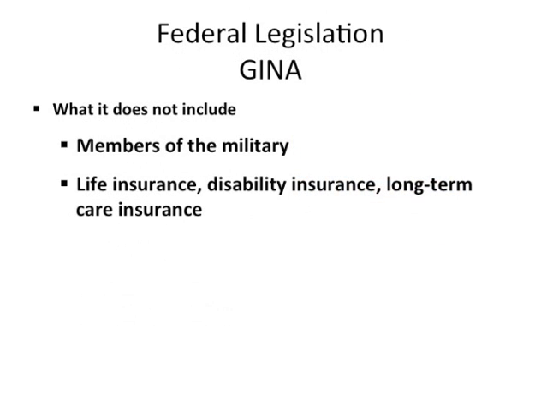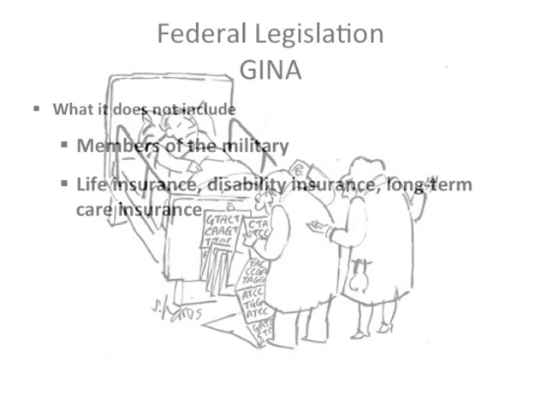But GINA does not include members of the military, who can suffer discrimination based on their genetic testing results. And also it does not prevent other types of insurance, such as life insurance, disability, and long-term care insurance, from being denied because of genetic test results or genetic information from an individual.